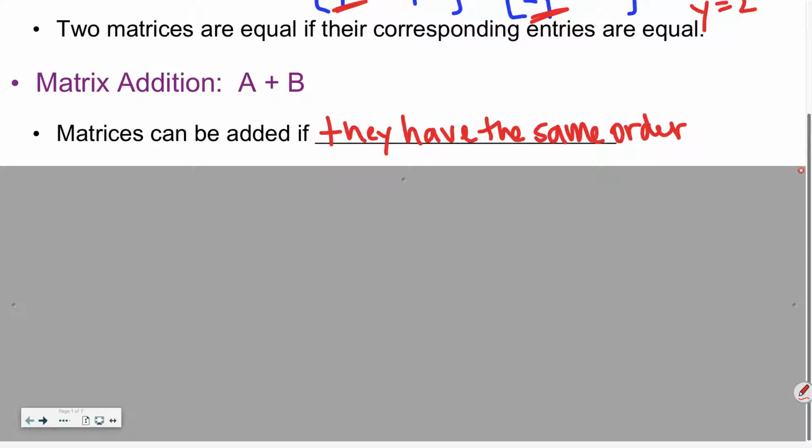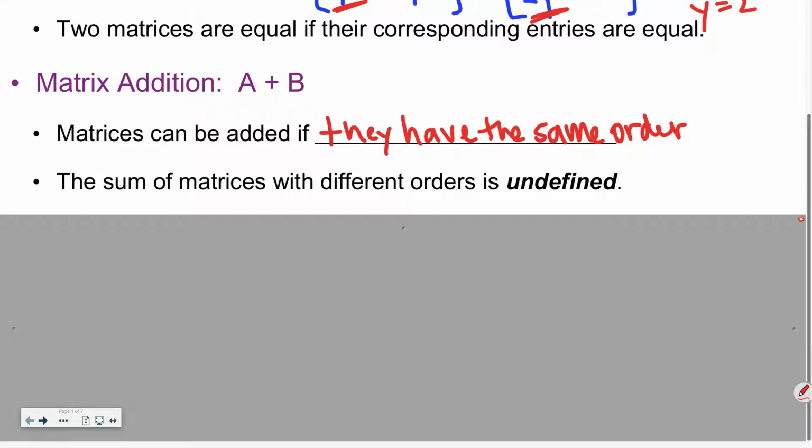Okay. Matrices can be added if they have the same order. If they don't have the same order, that's your next blank. The sum of matrices with different orders we call undefined. So if I ask you to add 2 matrices or subtract 2 matrices and they do not have the same order, you would write undefined. You can't do it, okay?